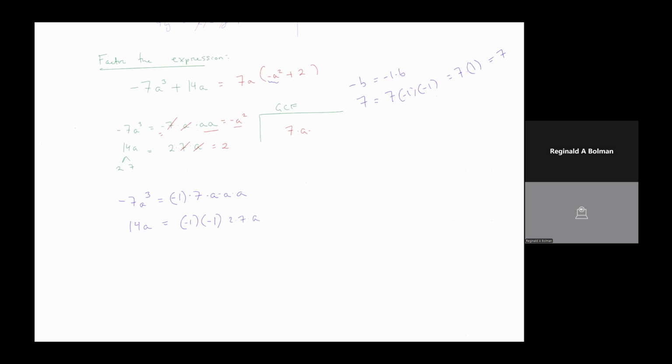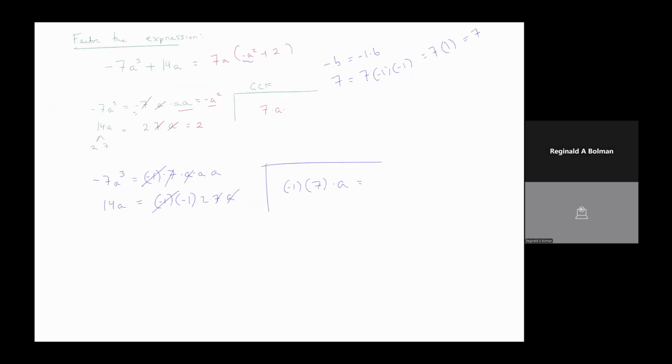Now, if I do that, it becomes clear to students that you have a negative 1 in common and a 7 in common, but then you also have an a in common. And so negative 1 and 7 will be a negative 7, and so you'll have a negative 7a.